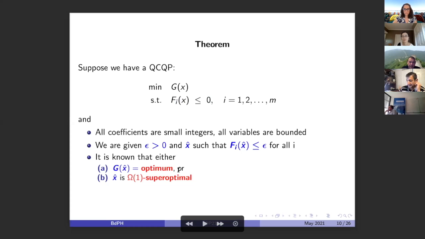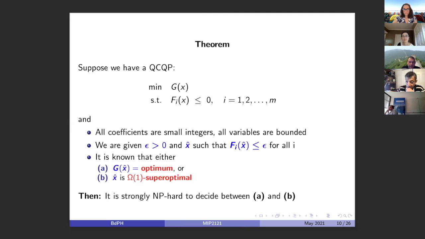It's NP hard to decide between these two conditions. So all the information that we are provided is provided by the bullet points. However, it's NP hard to know whether your vector actually is attaining the optimum, in which case maybe you're justified in claiming victory. Or not. Maybe it's very super optimal and you cannot tell.